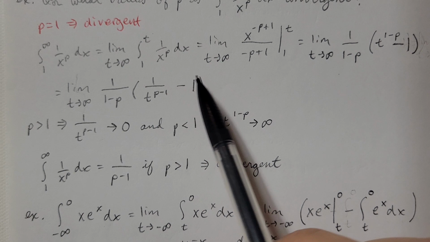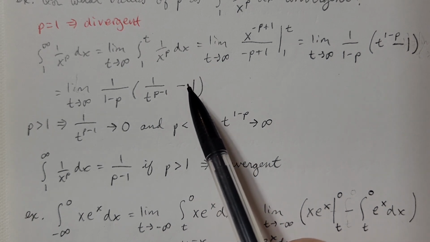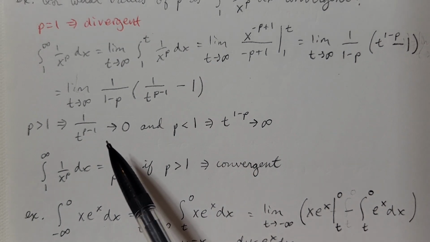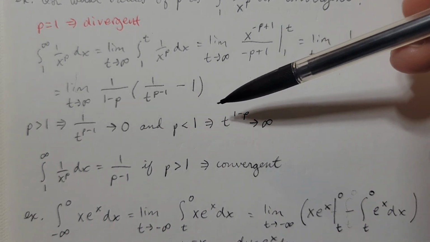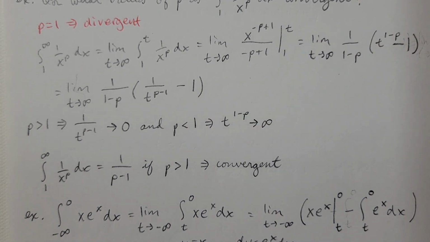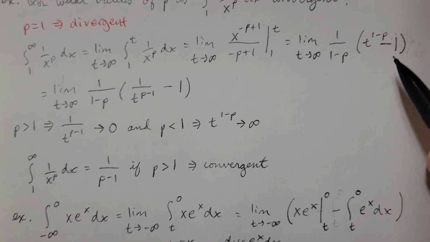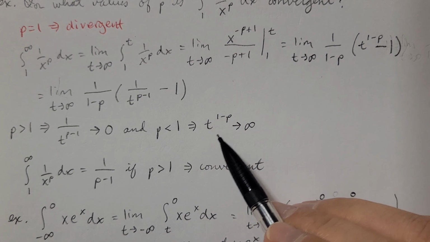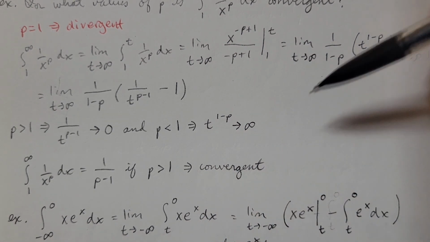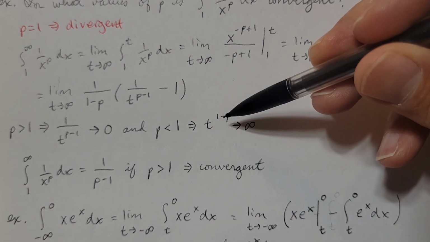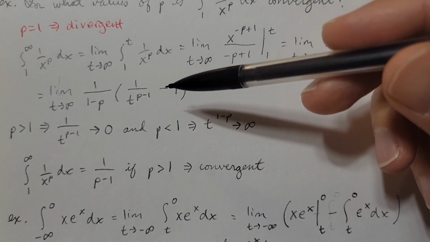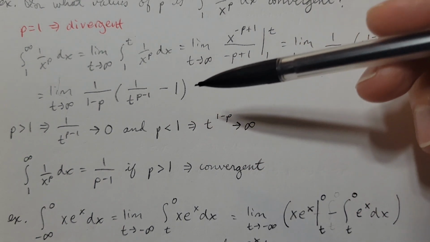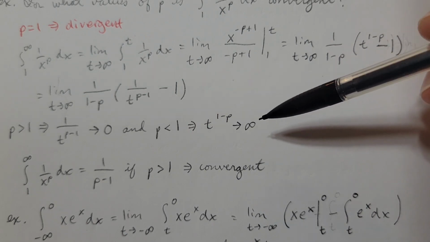All these numbers are constants, right? And if p is some number less than 1, like if p is 1/2, I got t to the 1/2 power, the square root of t. The limit as t approaches infinity of the square root of t, that'd be infinity.